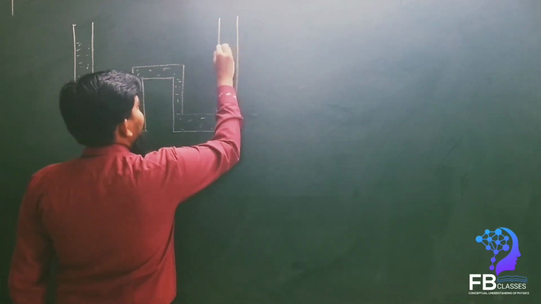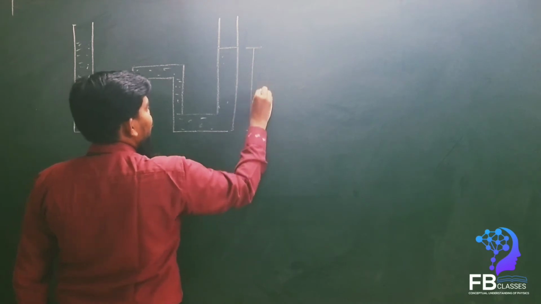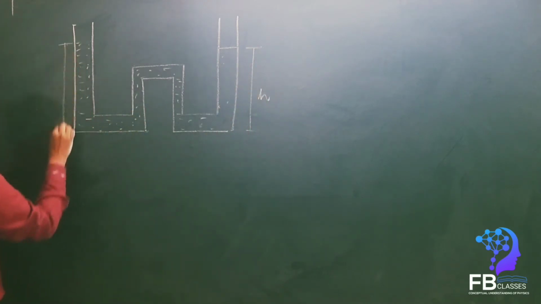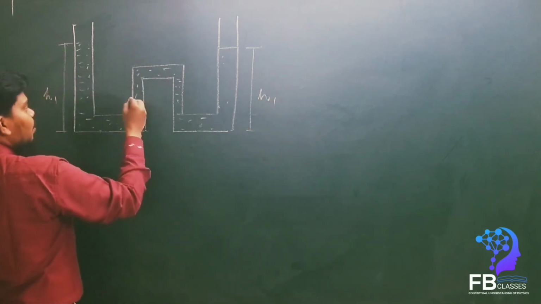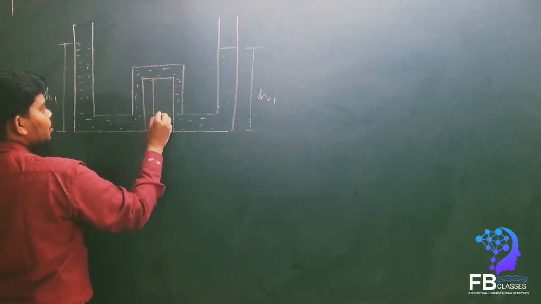Let this height be H. This is also H1, this is also H1, and now this height is H2.